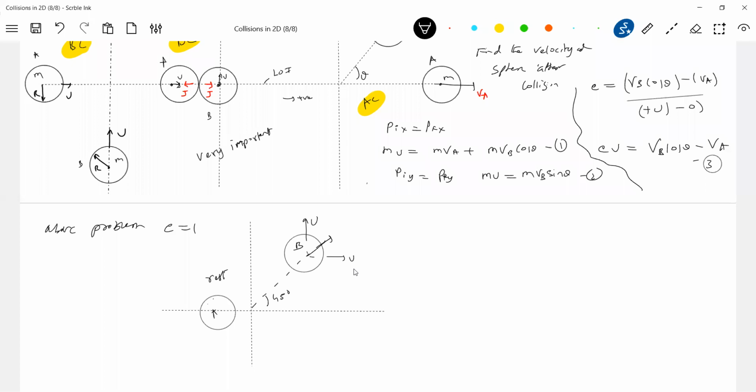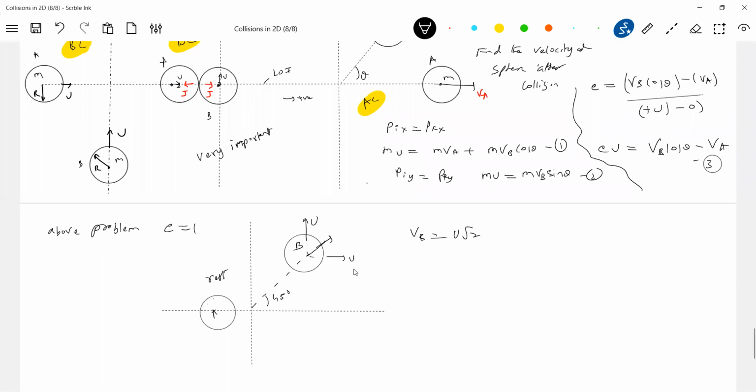Because for an elastic collision, there'll be an exchange of velocities along the line of impact. The y component of velocity will not change for B, and the x component of velocity of B will be the initial x component of velocity. So what is the velocity of sphere B now? u root 2, and it will make an angle of 45 degrees. So the question will become unlimited for you. Don't just confine yourself; try to analyze here.